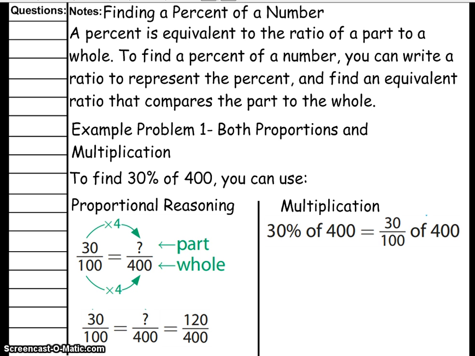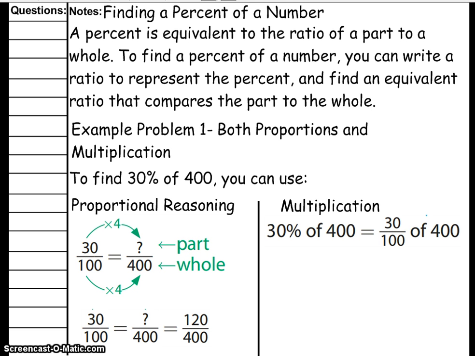I'm showing you both proportions and how to find the percent of a number using multiplication. To find 30% of 400, you can use proportional relationships, which is setting it up as a proportion, or multiplication. So if you look here, we have 30 over 100, which is equal to 30% in fraction form, is equal to what over the whole 400?